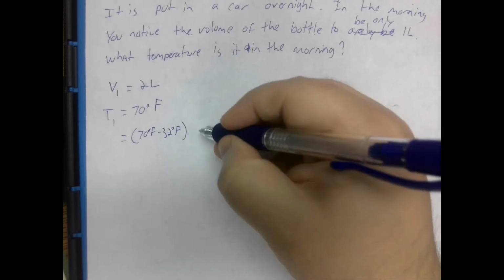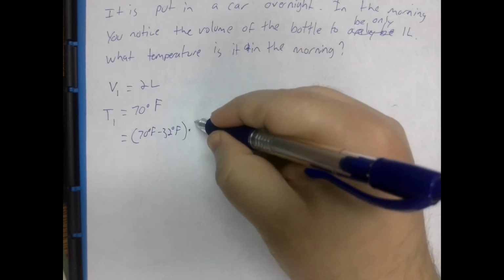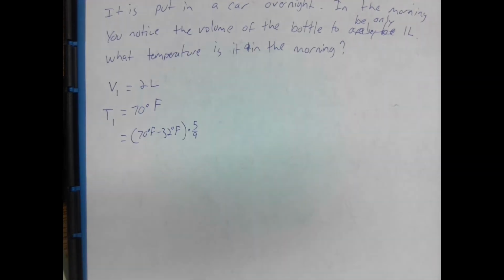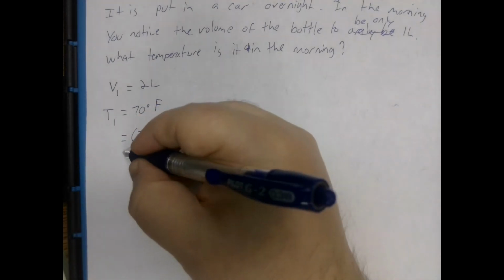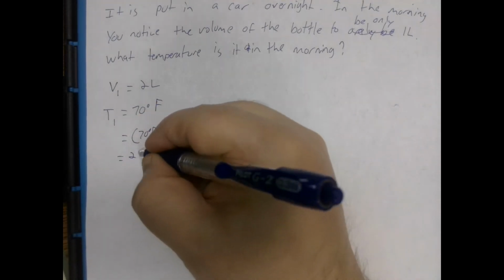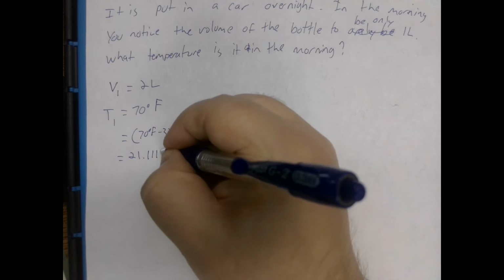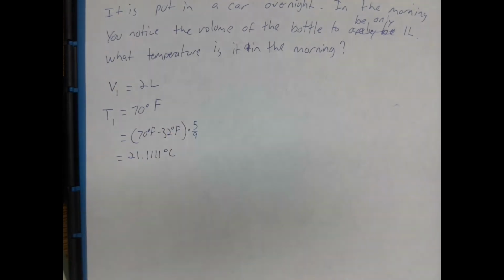Technically, you leave the units off. This is improper math. And multiply it by 5 ninths. Or you can put 5 ninths in front and do it. And that'll get you a temperature of 21.1111 degrees Celsius.